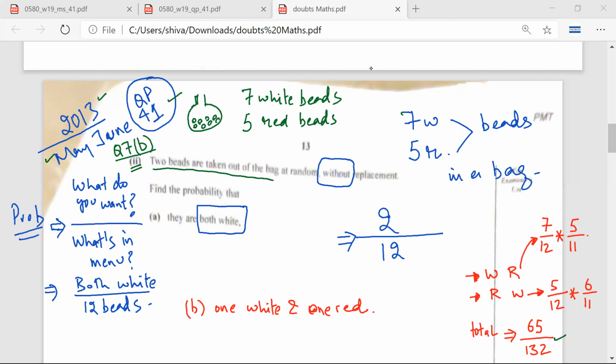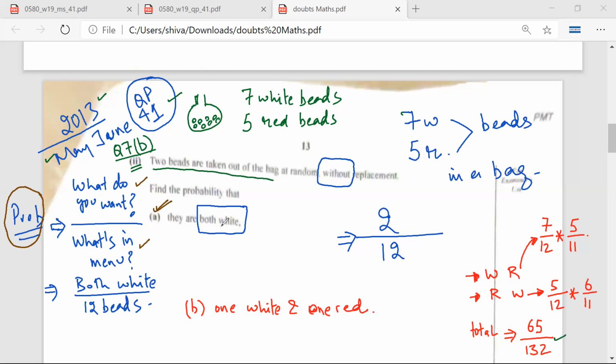Now, the very basic, non-technical definition of probability is: what do you want? That comes in the numerator, and in the denominator, what's on the menu? Mr. Rudra, any doubt? No, sir. So, for example, in this A part, I want both the beads to be white.